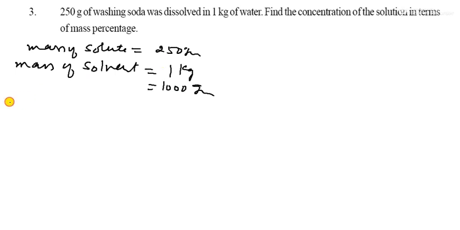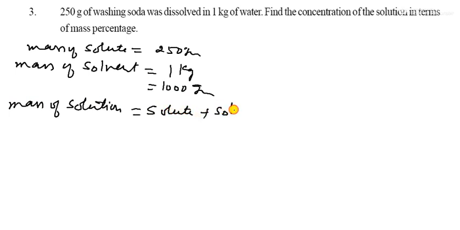To find the concentration, first find the mass of solution. The mass of solution is the mass of solute plus the mass of solvent. The solute is 250 gram and the solvent is 1000 gram, so it becomes 1250 gram.